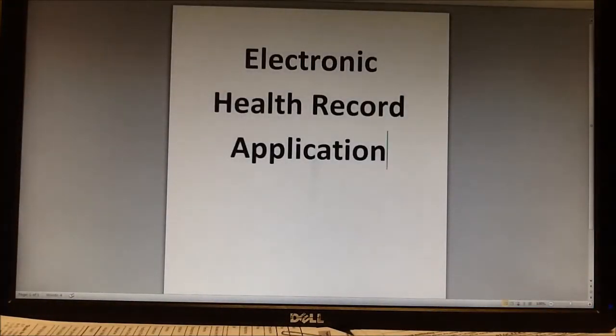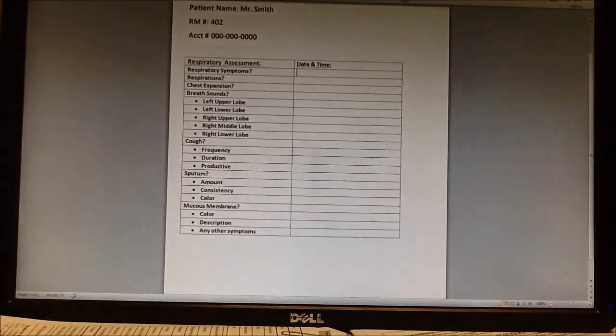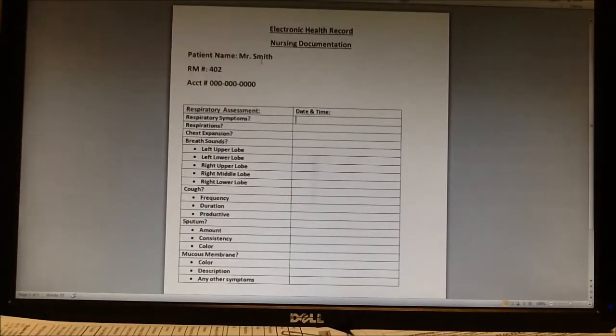Once I'm in, I will access Mr. Smith's chart, and I'm going to go to the respiratory assessment portion of the chart. I will have to put in my date and time, which was 11/12/14, and this was at 0800 this morning.